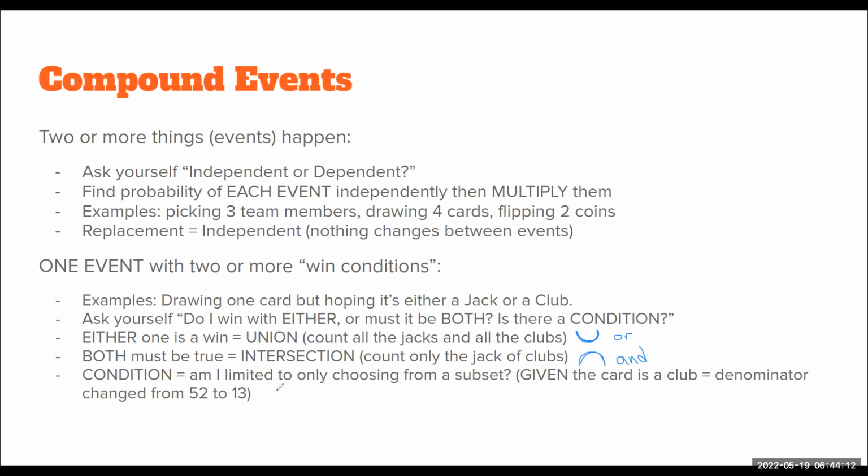Now the condition was the one where I said given. Am I limited to only choosing from a subset? So given the card is a club, what's my probability of drawing a jack? That means my denominator is changed from 52 to 13 because there's 13 clubs.